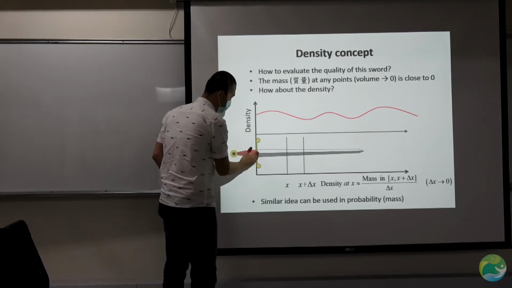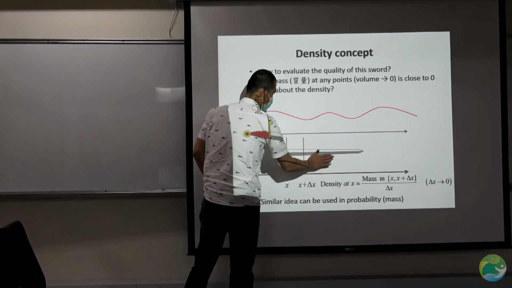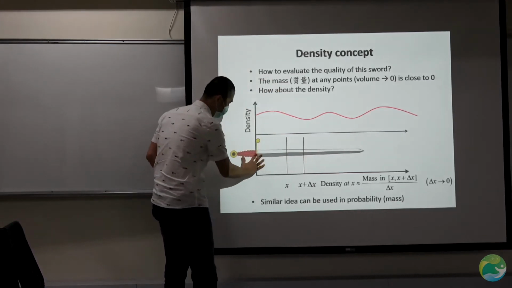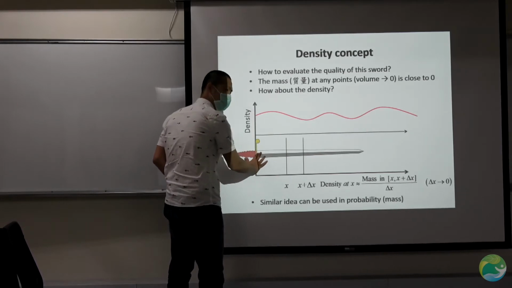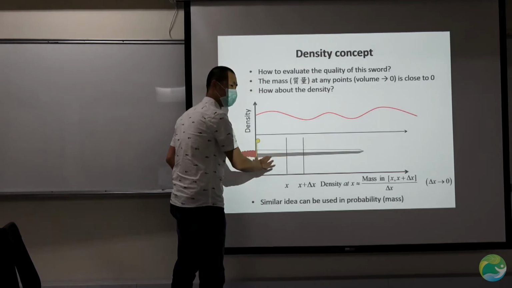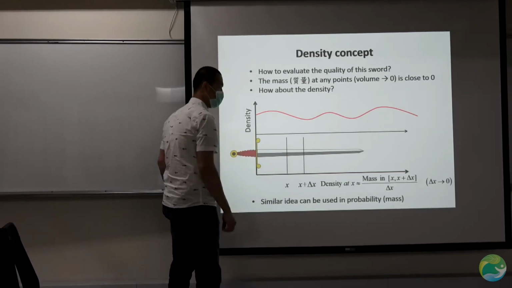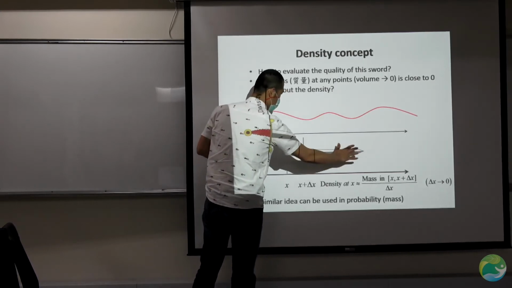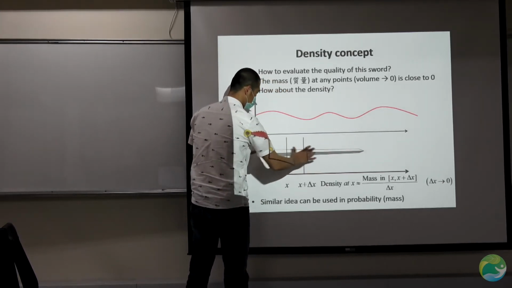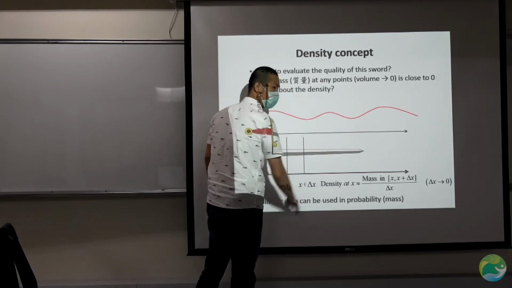It means whether the metal density is good or not, very even or not. Or some part is very weak, or some part is very strong. And weak and strong are related to the density, right? The metal density. If the whole sword is made in very good condition, then the density is probably very even, okay?